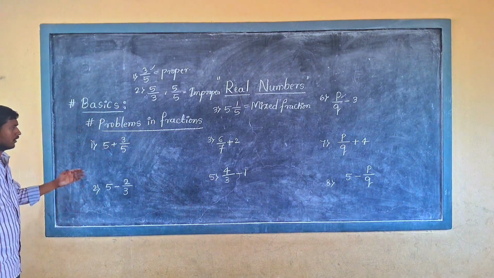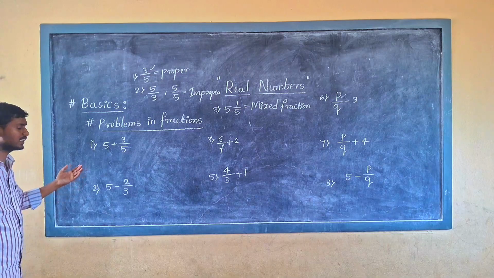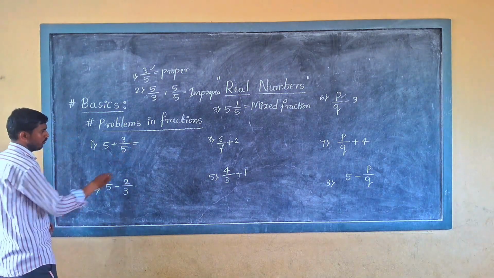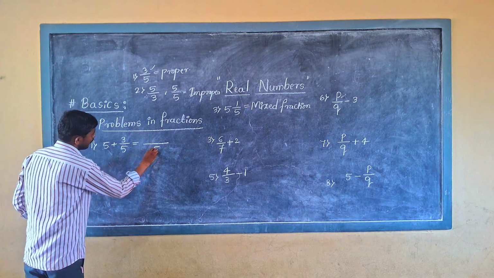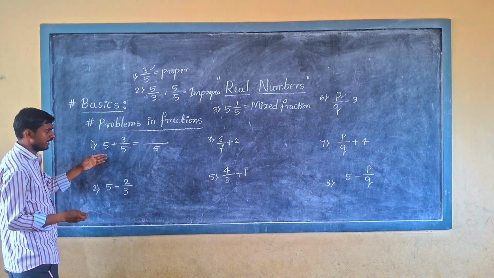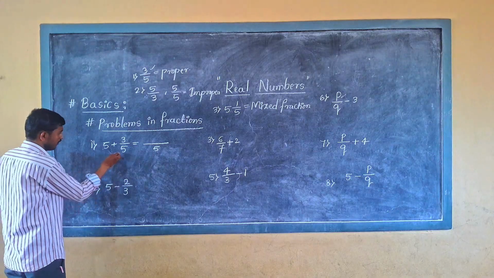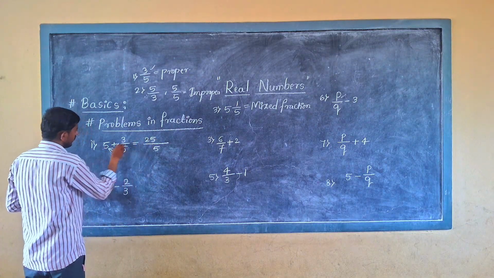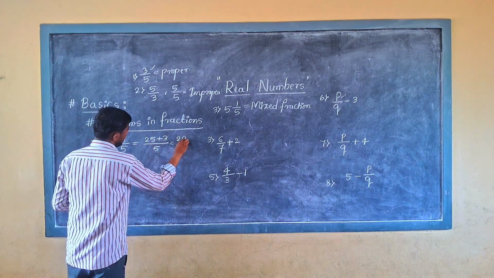Regarding problems in fractions, we must know how to solve these types of problems. Put equal to and a dash. Here the denominator is 5, put 5. Where is the whole number? We identify it and multiply the denominator with that number. 5 fives are 25. 25 plus 3 is 28 upon 5.